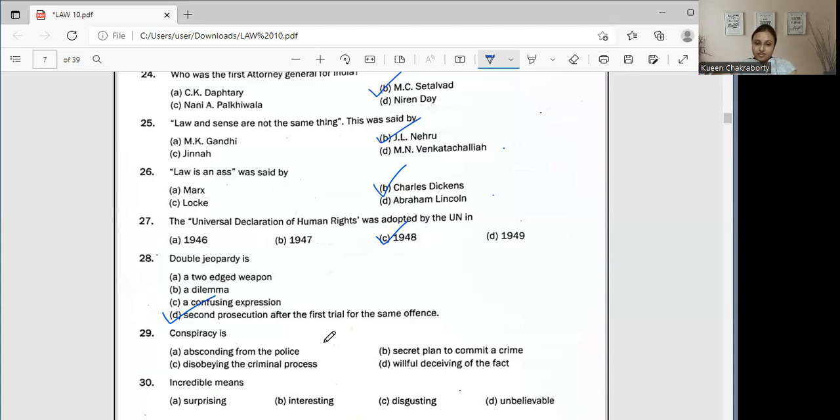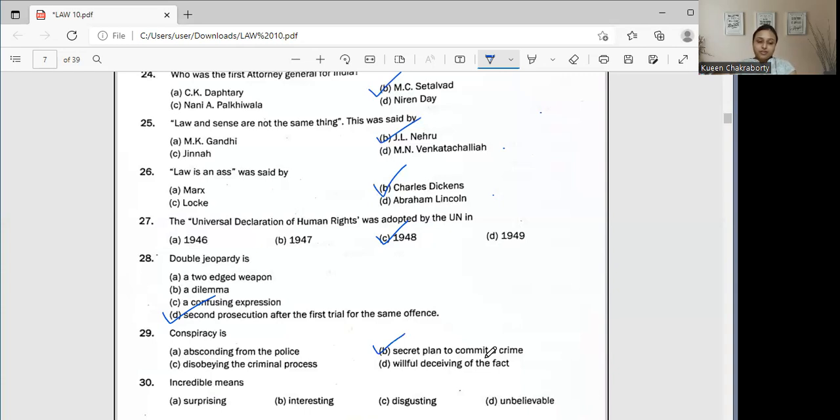Conspiracy is a secret plan to commit a crime. We often use this word in our day-to-day life. So conspiracy is not absconding, not disobeying, not even deceiving. It's a secret plan to commit a crime. That's called conspiracy.